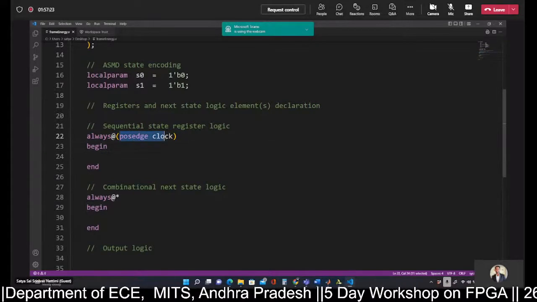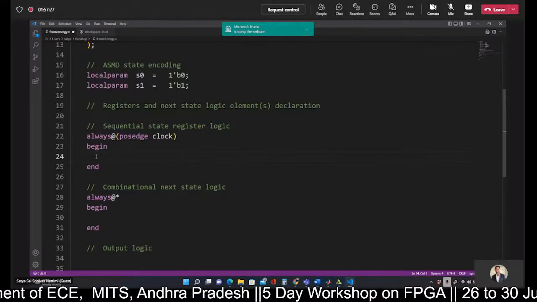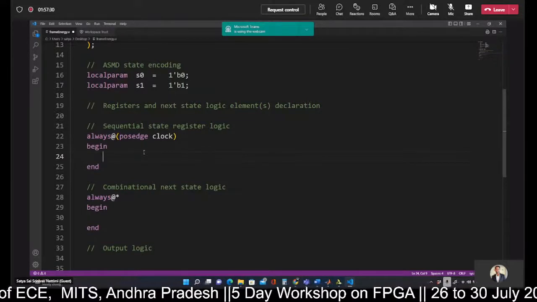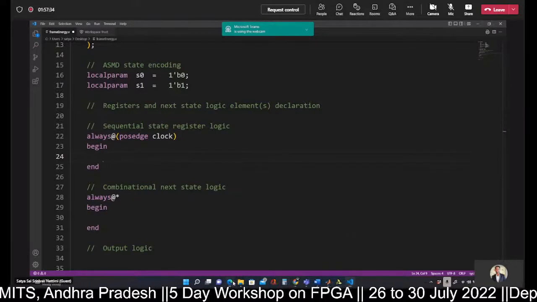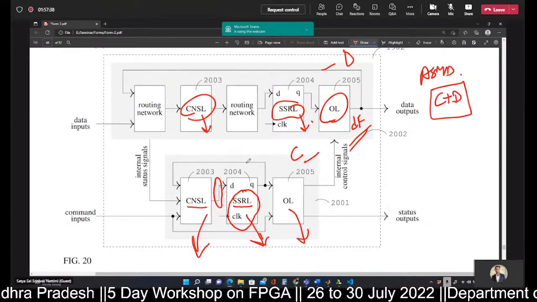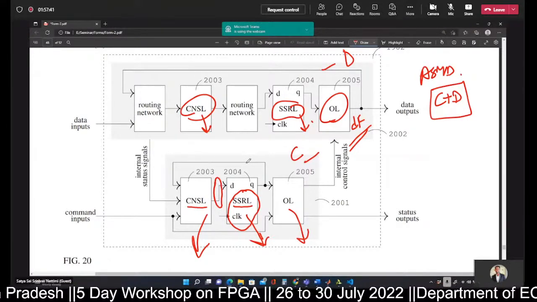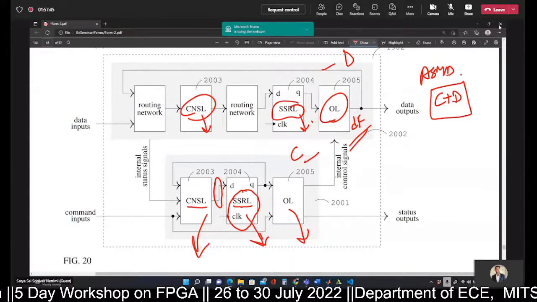So whenever clock is coming, what it has to do, that you have to define at the begin and end. Here there are two things. Whenever a clock is coming, then it has to do a certain task. That task is again dependent on the reset signal. When reset is coming, it should not do any task. If reset is not coming, it has to do the task.